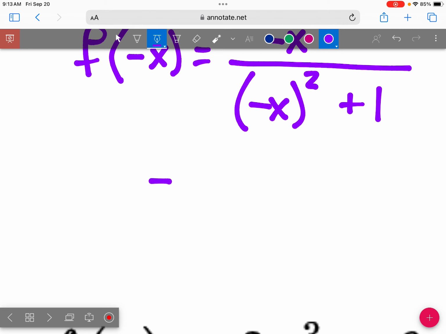What do we notice in here that will simplify differently? Can I simplify anything in the numerator? Not really, no. It's still just going to be minus x.